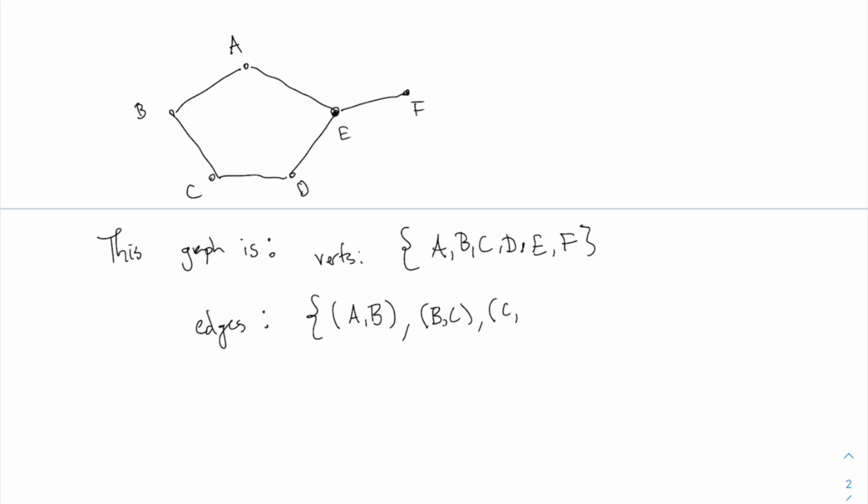I also have CD, DE. I'm just writing down a list of all the edges that I can see on the graph. There's also an edge A to E. Doesn't matter what order you write these things in, as long as you get them all. And there's also an edge from E to F.